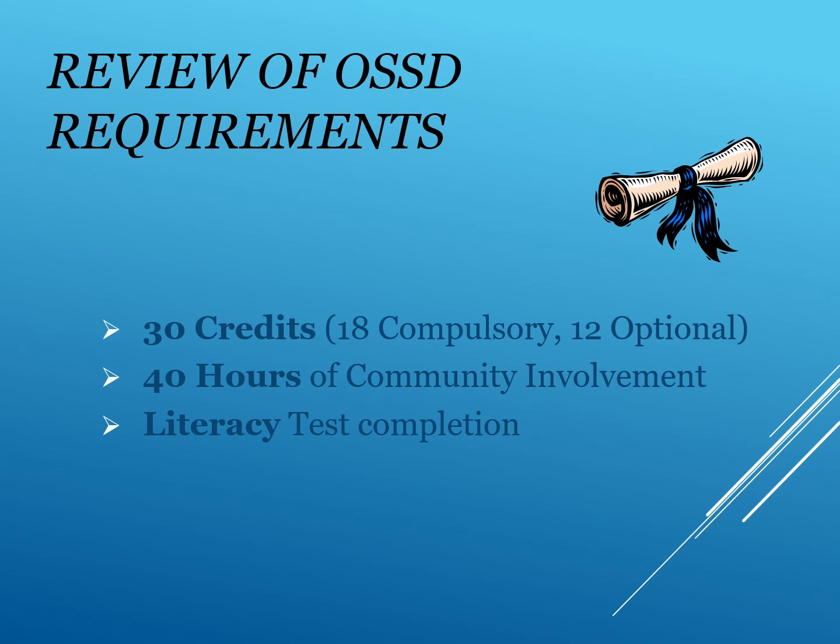Many students have submitted hours which do not meet the ministry requirements, and therefore their graduation is put in jeopardy. So please check with your guidance counselor if you have any questions about what is appropriate. The Peel Board of Education also has a website which outlines what the ministry requirements are and provides a job board or an opportunity board for students to get these hours.